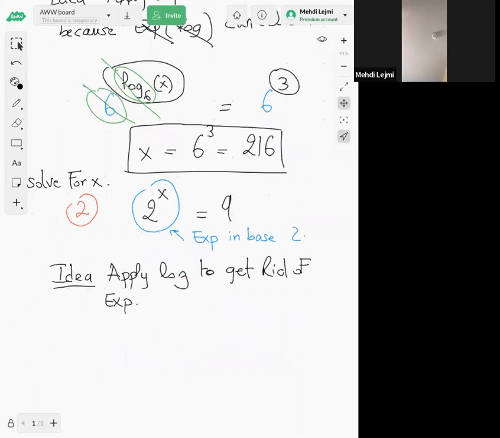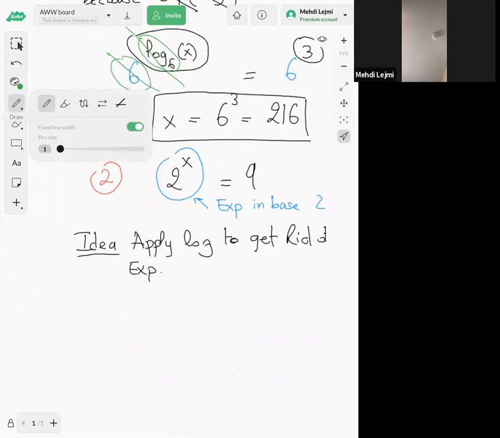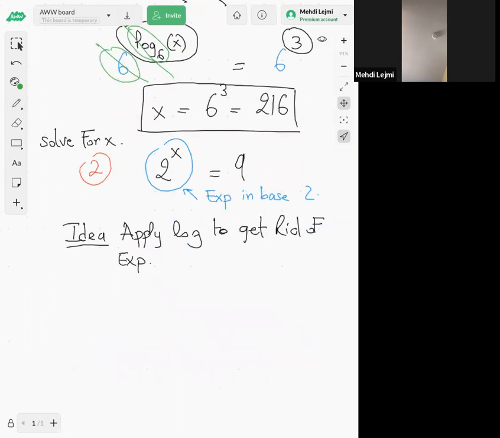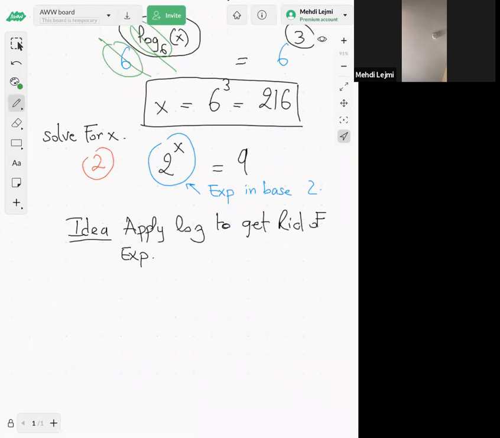Wherever you apply to the left side, you have to apply the same thing to the right side. So we're gonna have log in base 2. That's 9. Sorry, that's 9.